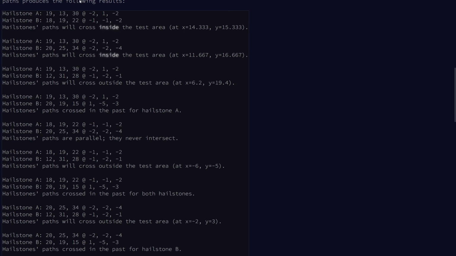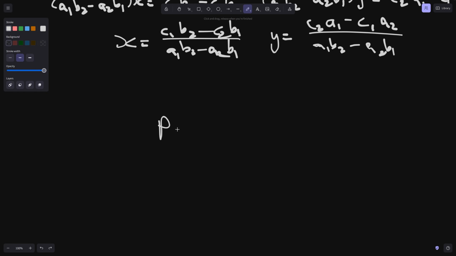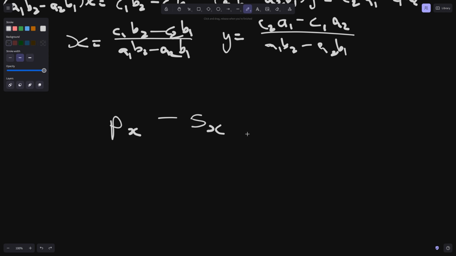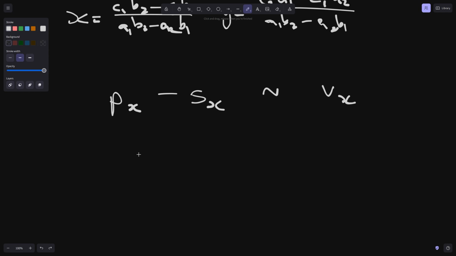To do this is actually very simple. We just take a look at the intersection point and the starting point and see if this has the same sign as the velocity. So if the velocity is positive, this needs to be positive. We need to end up greater than where we started. And if the velocity is negative, this needs to be negative.